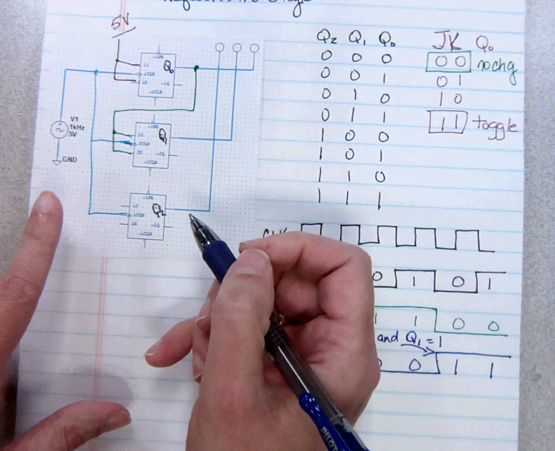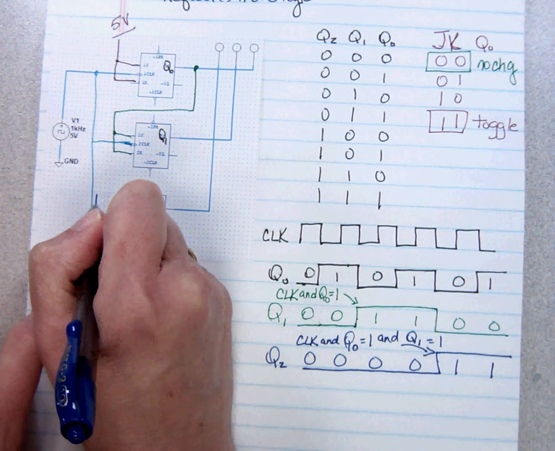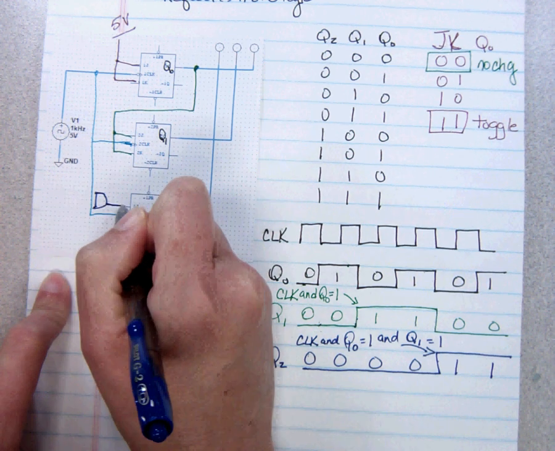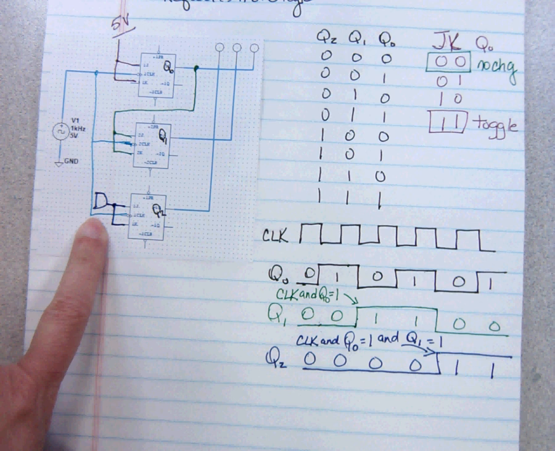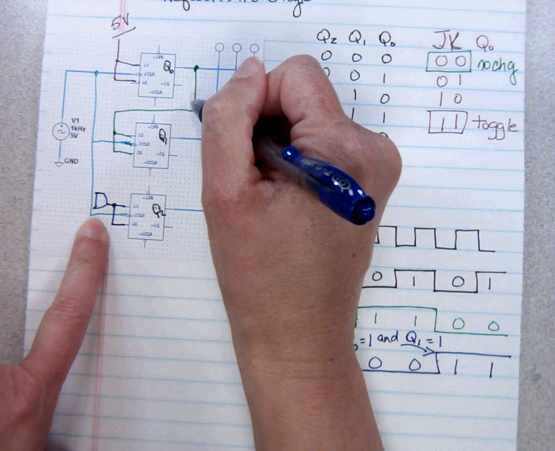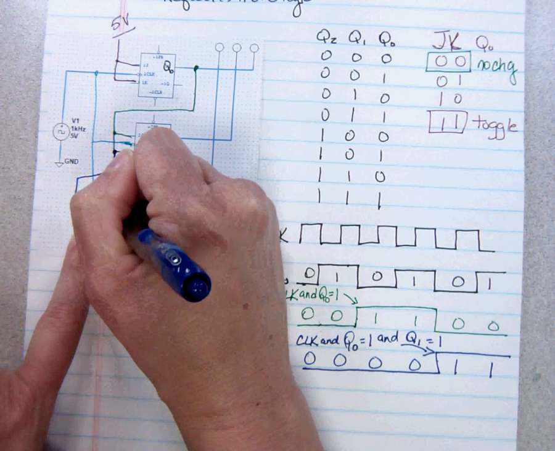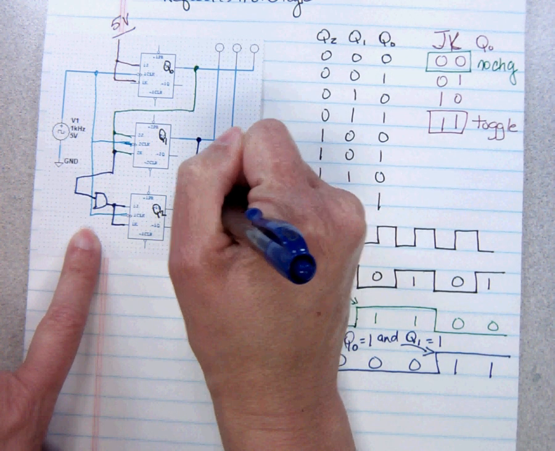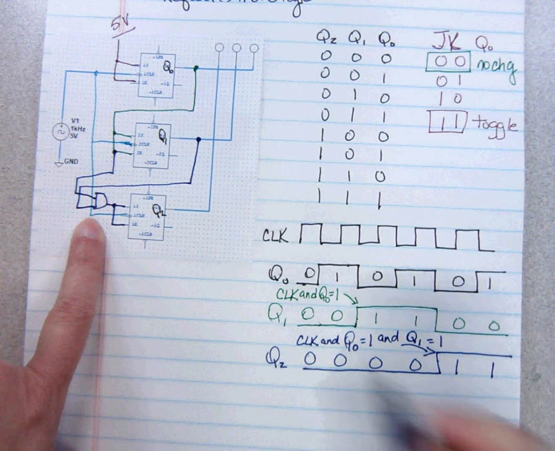Coming back down to here. I need an AND gate with outputs to both J and K, the condition being that Q0 and Q1 are both 1.